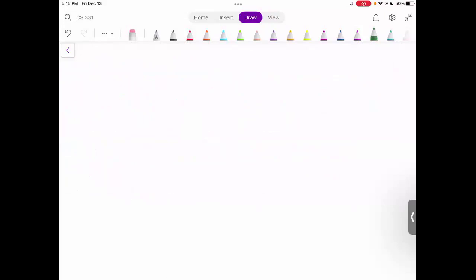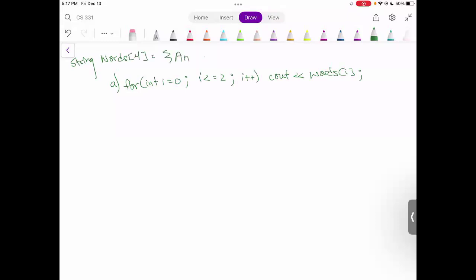So we have line A. It's a for loop. And we see out words sub I. Now, just so everybody knows, it's string words sub 4, and it says an easy question.